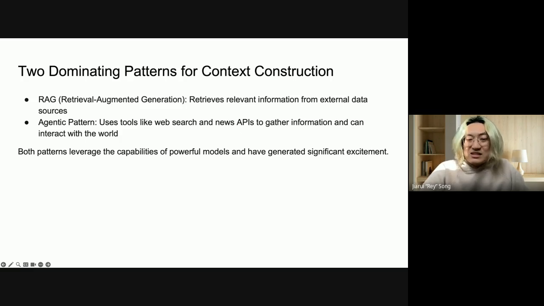Think of this as giving the AI a targeted set of documents to read before answering. The second dominant pattern is the agentic pattern. This goes beyond simple retrieval by allowing the model to use external tools, such as web search engines and news APIs, to proactively gather information. Importantly, agentic systems can also interact with the world, enabling automation.